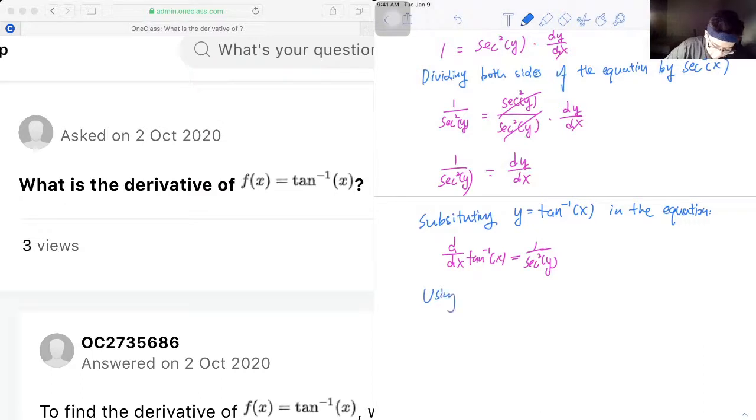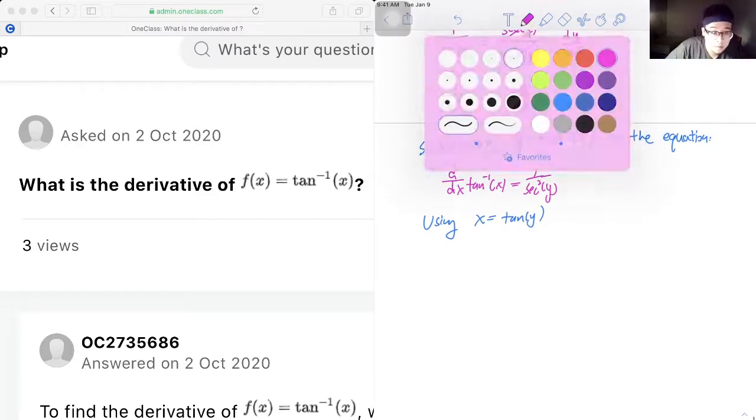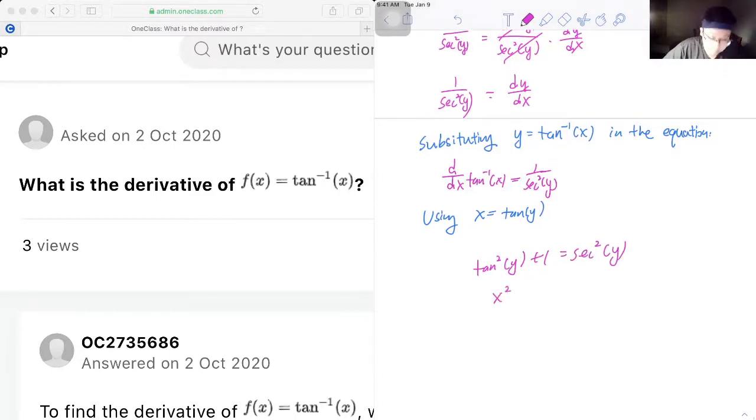using x is equal to tangent y, we can rewrite the Pythagorean identity, which is tangent y squared plus 1 is equal to secant y squared, as x squared plus 1 is equal to secant y squared.